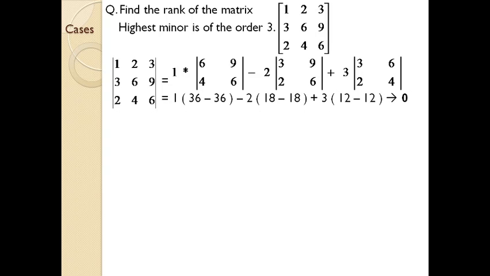At the same time, you have to include or cover all the elements of the matrix given in the question. So this is the matrix given in the question. And after the computation of the determinant of this particular matrix, you have got the value as 0. So we are going for the next smallest rank, that is 2.